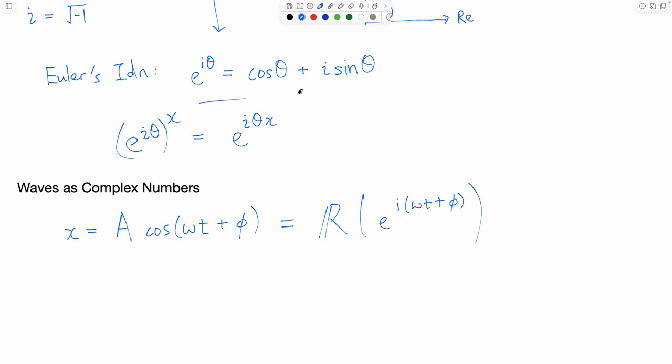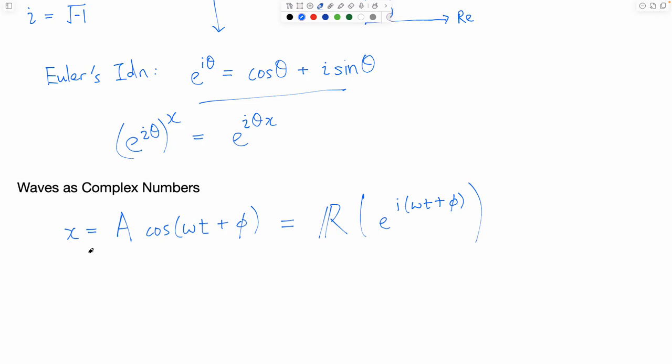If you compare this to Euler's identity, the theta will be our omega t plus phi, and you'll see that it will give out a cosine of omega t plus phi and an i sine of omega t plus phi. But notice here that we're taking the real part. So when we do this real operator, we're basically just saying we want this part. The imaginary part, we throw away, we discard it, okay?